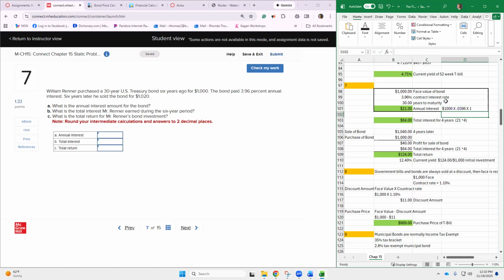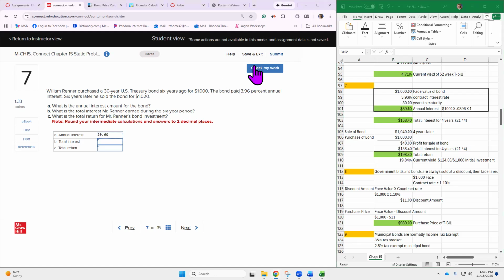Okay, there's the formula. And now let me put it in here. Okay, so 1,000 times 0.0396 times, and he had this for 6 years. Oh, no, I'm just calculating the annual interest times 1. So it's paying $39.6 annual interest, which I think is your first question there.